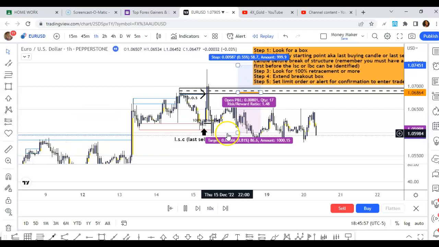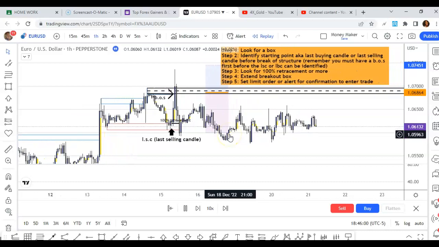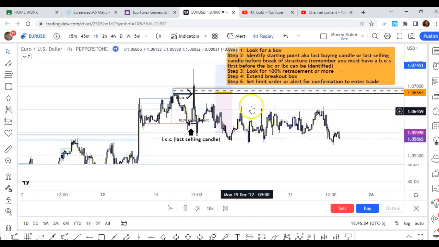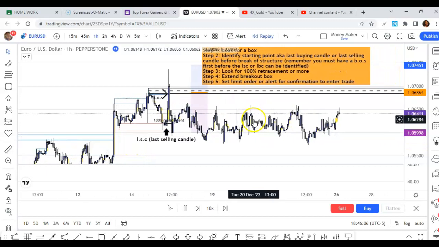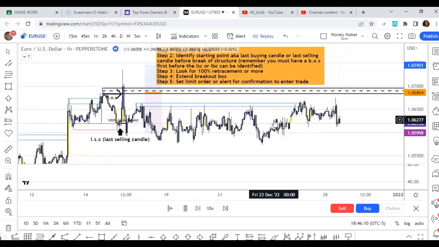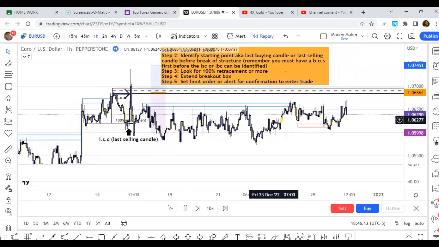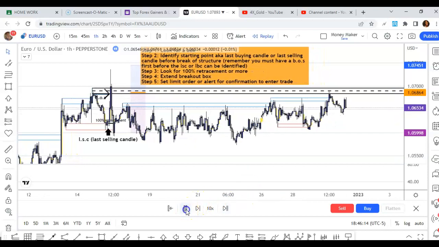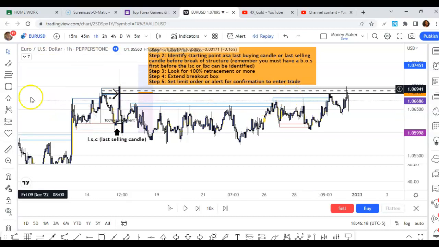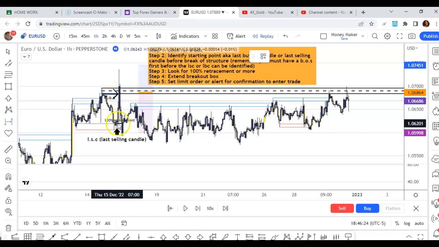Now with this strategy, it can take some time for the market to return to these areas. And that is why I say to set alerts, because it can take time. But this is a good trend reversal strategy, and it's pretty simple. All right, so now we finally got activated in this trade right here. And you're probably wondering, well, how long did it take from the time our box was activated?